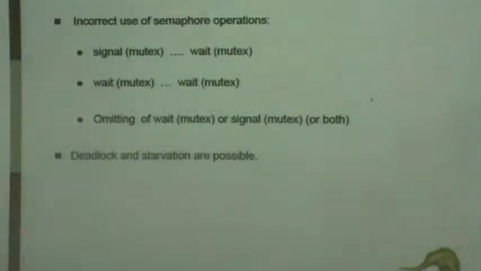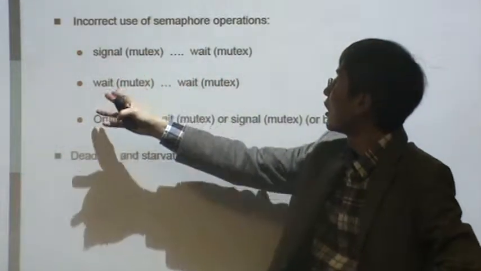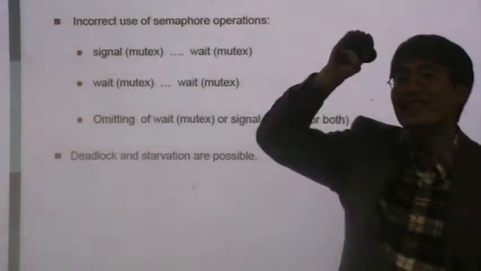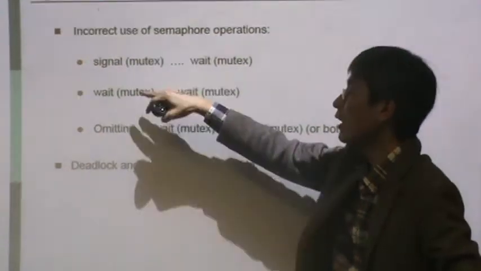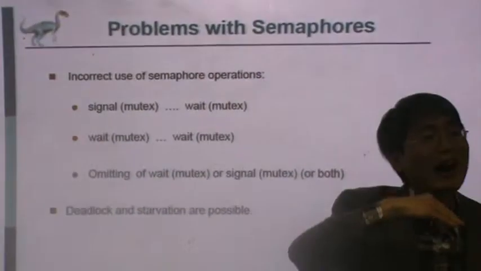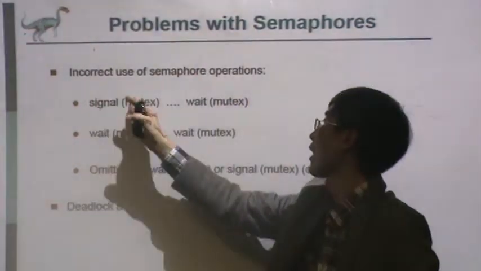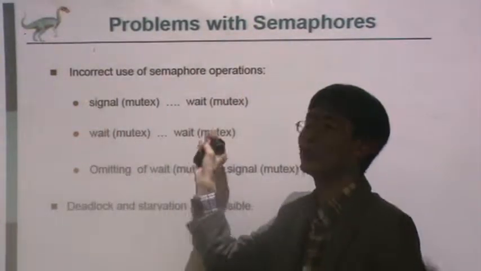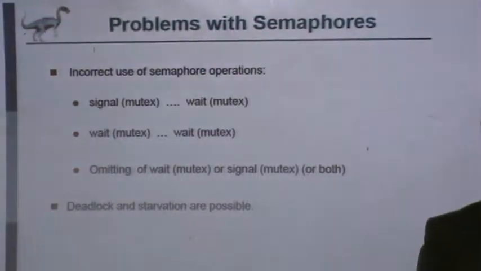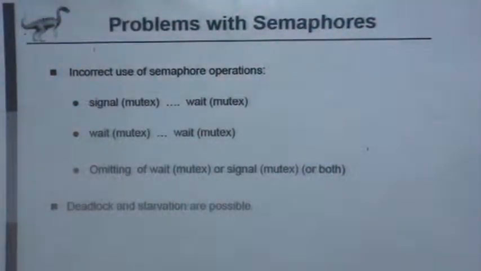Okay, the main problem, as I said, is that it should be wait and signal. However, sometimes if the developers are very lazy, they can forget the signal, or sometimes the opposite, or just wait. That may cause a problem. It can be locked forever, or it can be a deadlock situation.